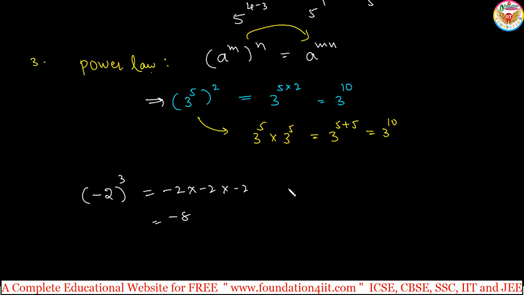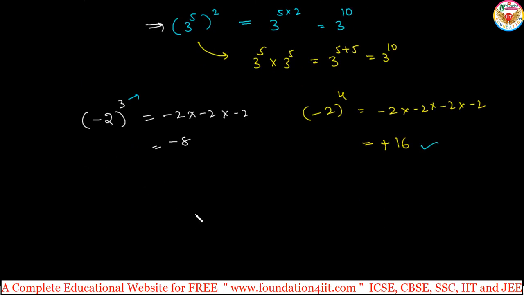If it is even, for example, minus 2 to the power 4, then minus 2 multiplied 4 times, you'll get plus: 2 into 2 is 4, 4 into 2 is 8, 8 into 2 is 16, so plus 16 will come. If the power is positive and the base is negative, the result is positive when the power is even. When the power is an odd number and the base is negative, we'll get only negative.